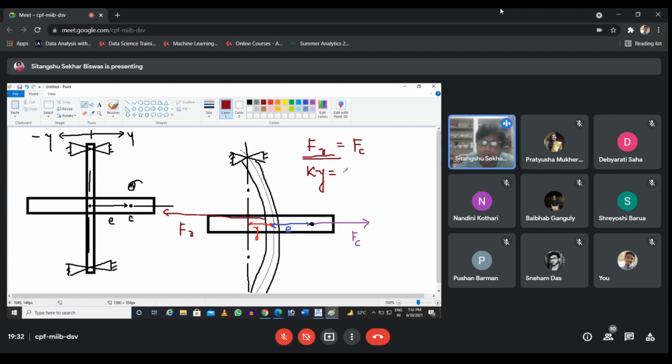So this restoring force will be equal to the centrifugal force. The centrifugal force is m, say the entire thing is rotating with an angular speed of omega, so m omega square. Here the radius is y plus e.